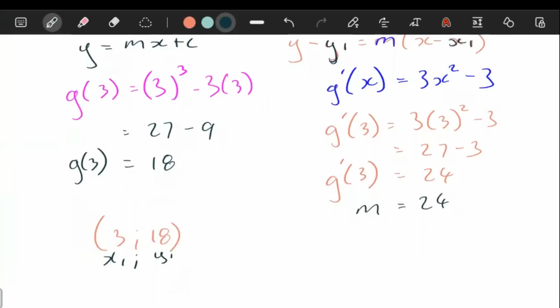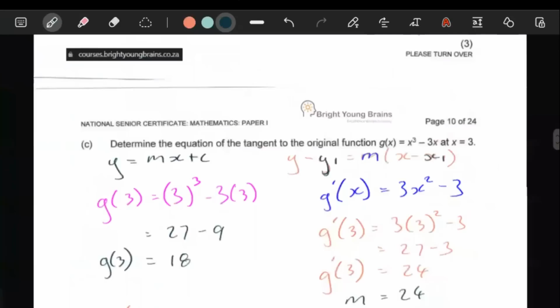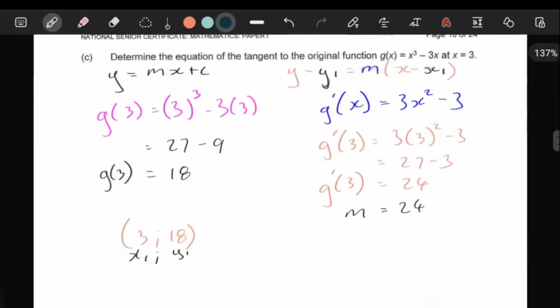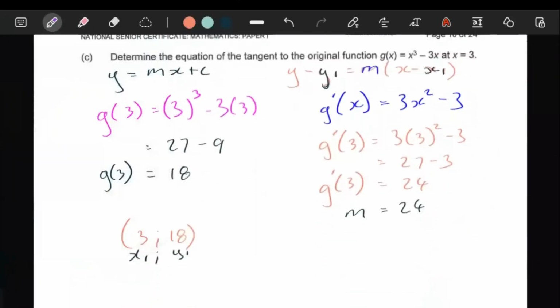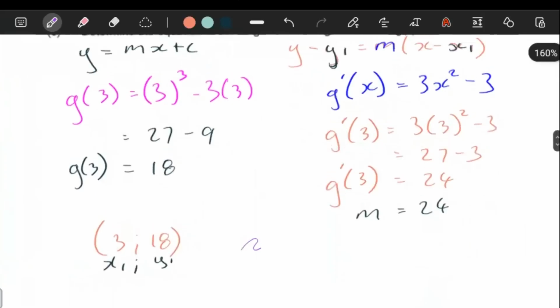So all this being done, you're good to go. You can throw in all those values and then you get the equation of your straight line. So this here is y minus y1, which is 18. Gradient is 24, times x, and then x1 is 3, right?